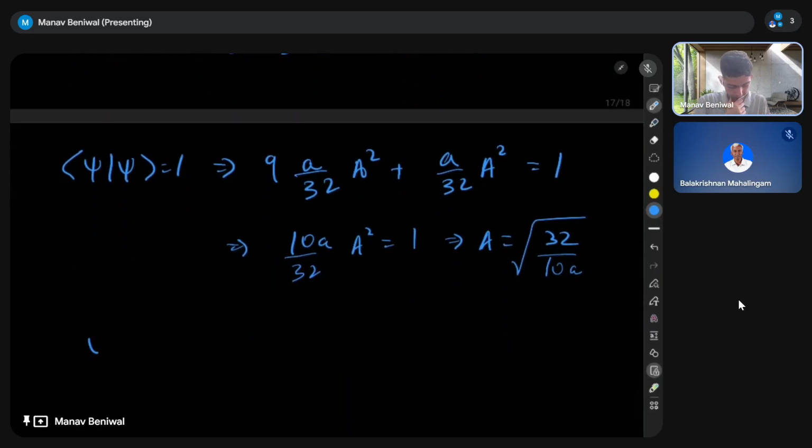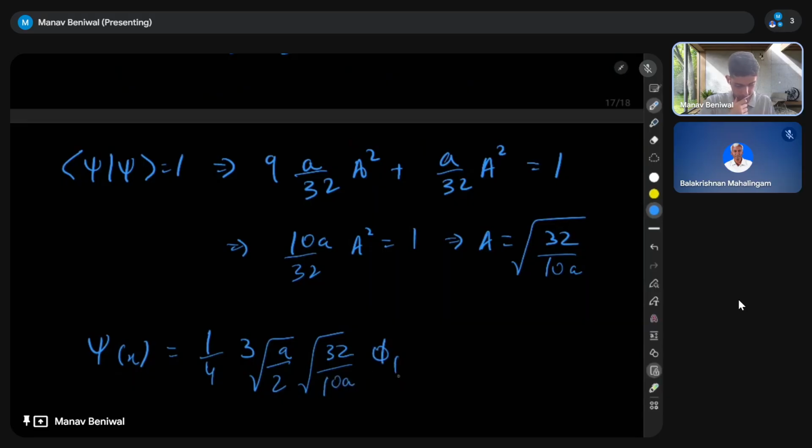So finally, my wave function psi of x I can write as 1 by 4, 3 under root a by 2 under root 32 by 10a phi 1, this 1 by 4 is outside, minus under root a by 2 under root 32 by 10a phi 3.